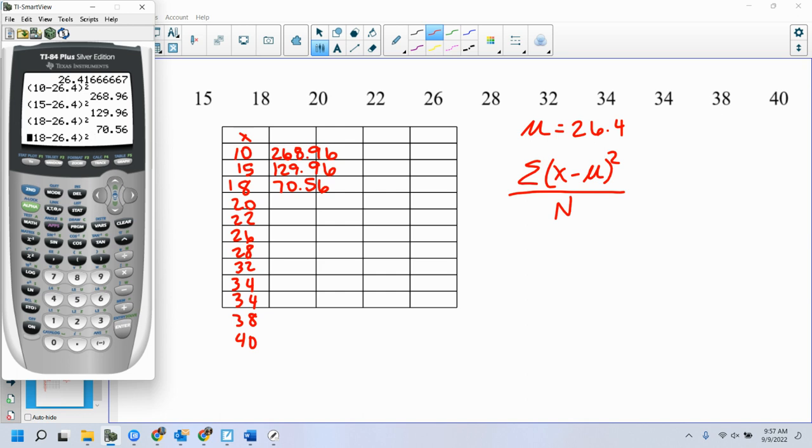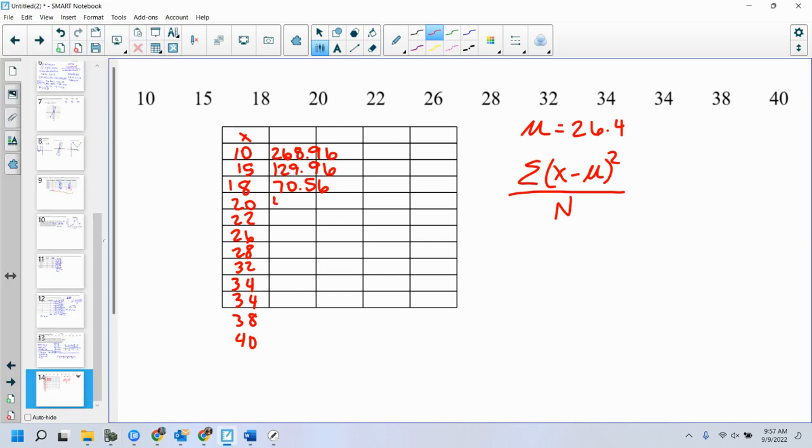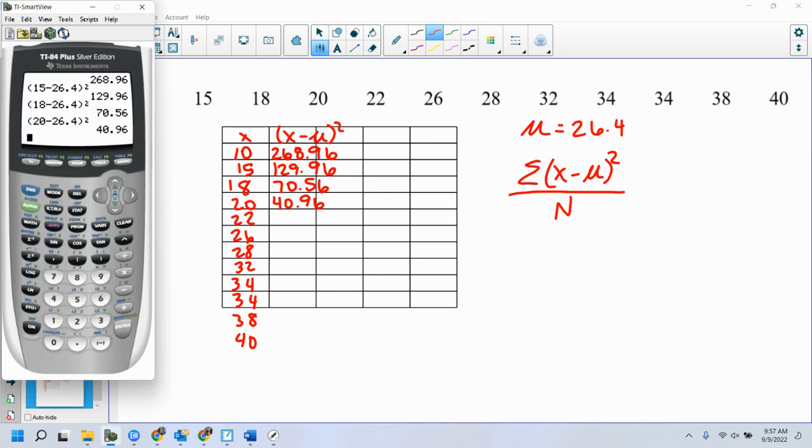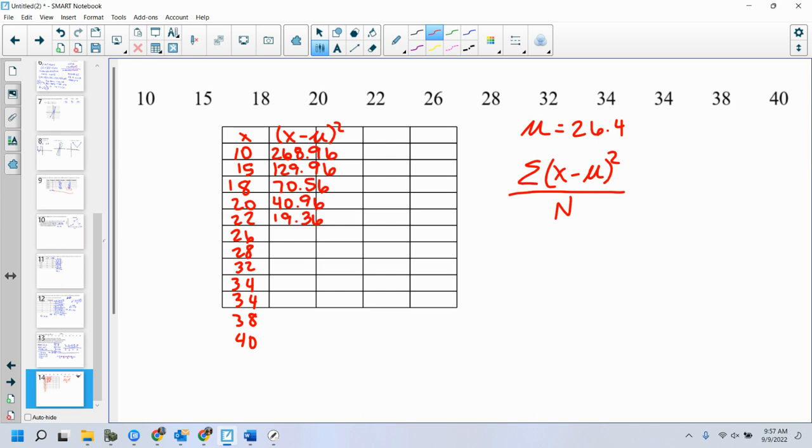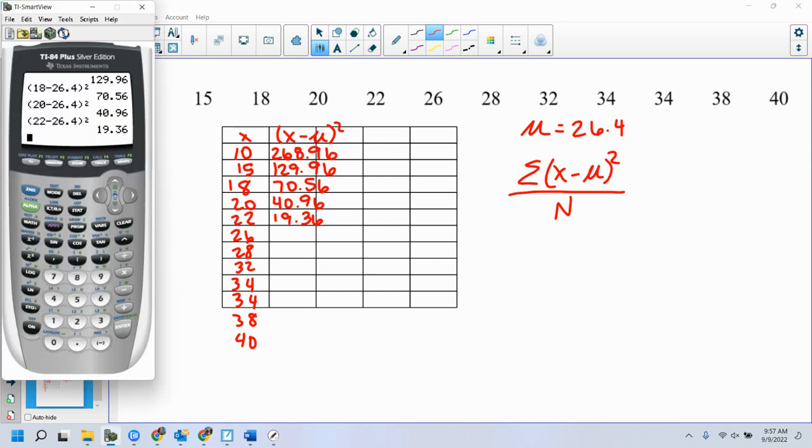Same thing with 20: 40.96. And again, this is x minus mu squared. Same thing with the 22: 19.36. Getting smaller as we gradually get to the mean.